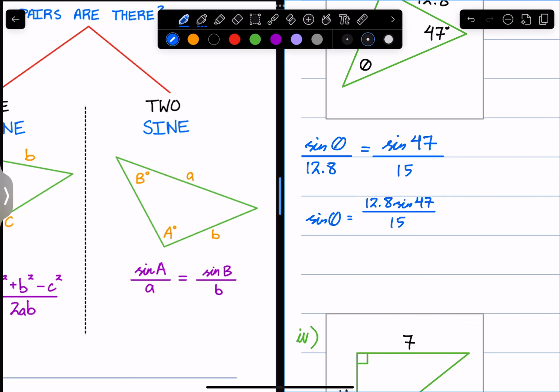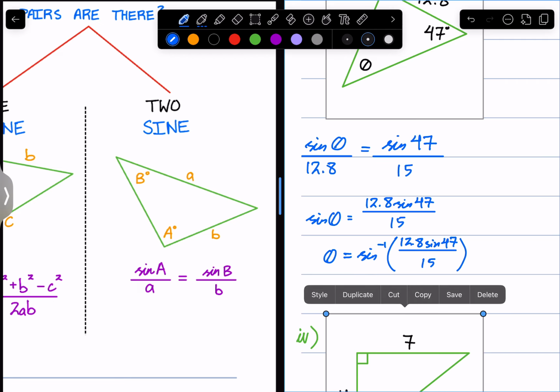Then from here, remember, when it comes to missing angles, there will always be an inverse sine, inverse cos, or inverse tan step. In this case, since we're trying to find the missing angle, we do theta equals inverse sine of everything we've just written. So 12.8 sine 47 all over 15.